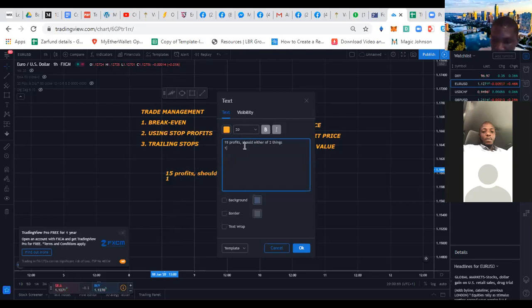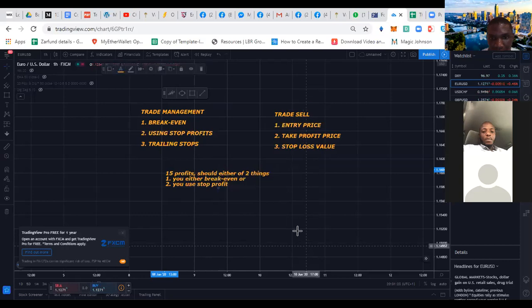Number one, you either break even, or you use stop profit. So you either break even when your trade is 15 pips in profit, or you use stop profit.